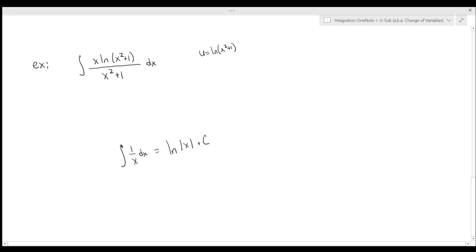Okay. So just maybe another quick example of what I'm talking about. Let's just say if I had the integral of natural log of maybe just 3x over, oh, this might be interesting. So let's do 3x over x.